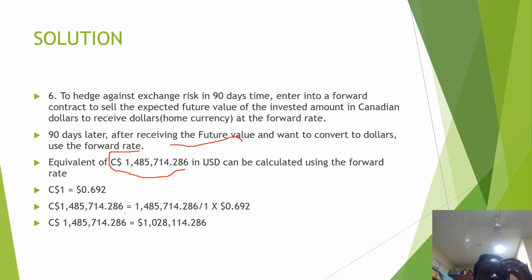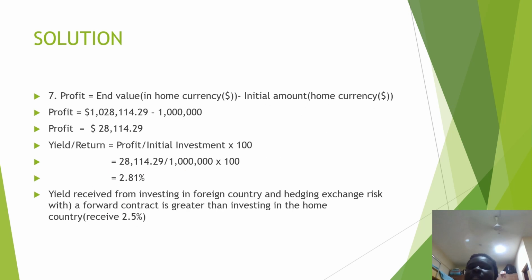So this 1.48 million Canadian dollars is equivalent to approximately 1.028 million USD. So it means that after 90 days, in your home currency, you'll be getting approximately 1.028 million USD.